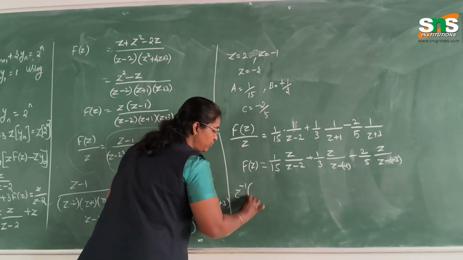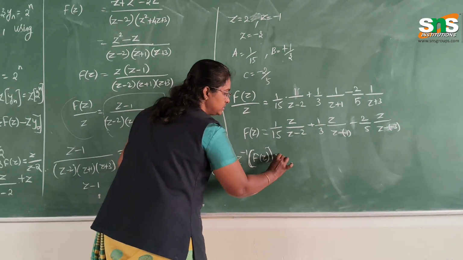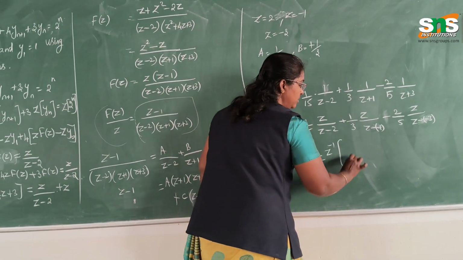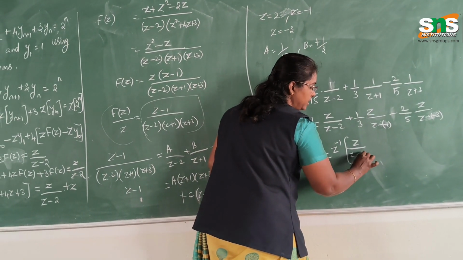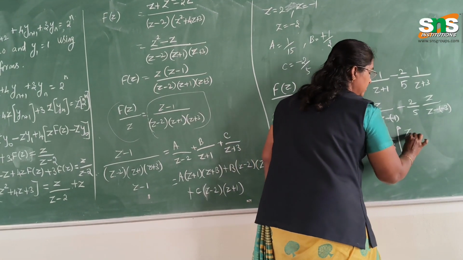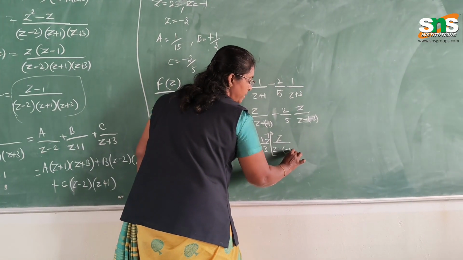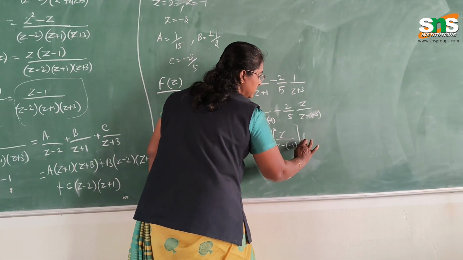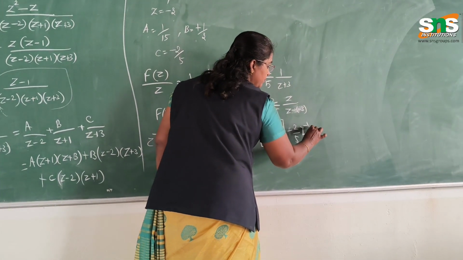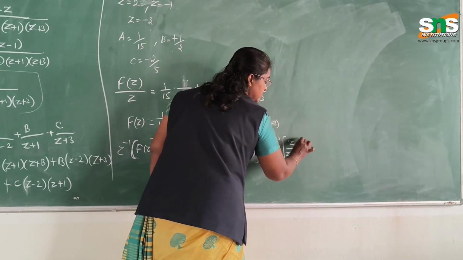So z inverse of f of z on both sides is equal to 1 by 15 into z inverse of z divided by z minus 2, plus 1 by 3 z inverse of z divided by z minus of minus 1, minus 2 by 5 z inverse of z divided by z minus of minus 3.